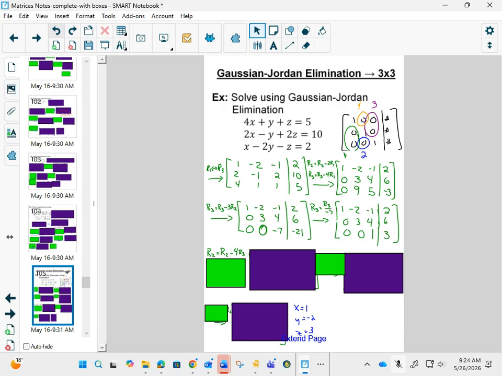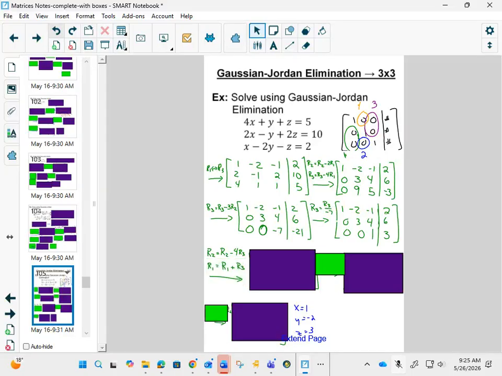But in step 3, we will be using row 3 a lot to get those zeros, because row 3 is really nice. It's got a 1 there and it's got zeros everywhere else. But again, if you choose other rows that get rid of your previous zeros, you're going to have to undo that step.